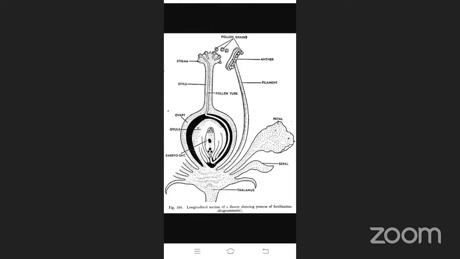Next is pollen and pistil interaction. Whatever the pollination vector may be, the pollen ultimately reaches the stigmatic surface.